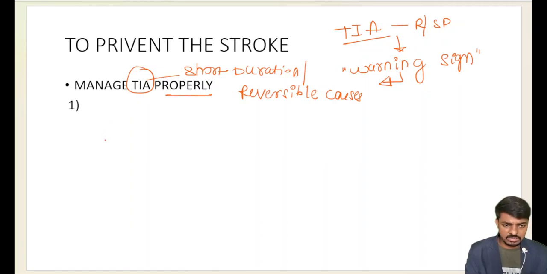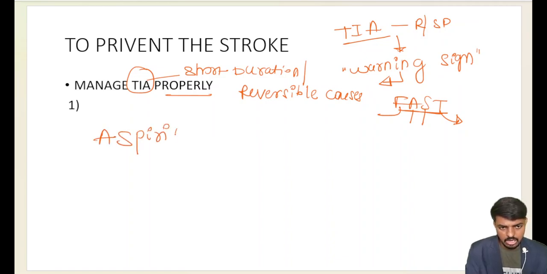How will we manage the transient ischemic attack? Whenever it occurs, we look at the signs and symptoms as in FAST: facial weakness, arm weakness, speech abnormalities, and time to ship the patient to hospital. Whenever these signs and symptoms occur, start the medications as early as possible: aspirin plus clopidogrel.